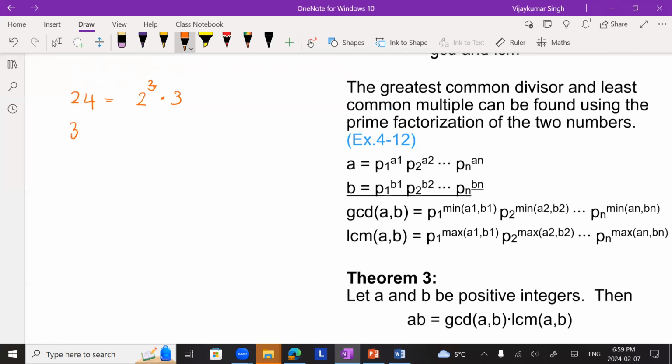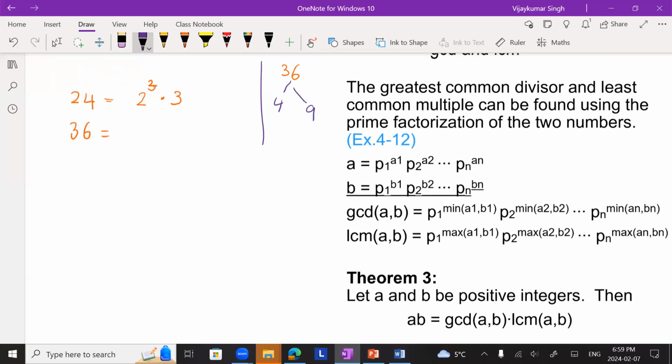Similarly, we want to write down 36 as a product of powers of primes. What is the best way to do this? The best way is to use a so-called factorization tree. What do you do in a factorization tree? You take 36, and can you tell me two factors of 36 which you already know? Any two factors, doesn't matter which one. 4 and 9, all right?